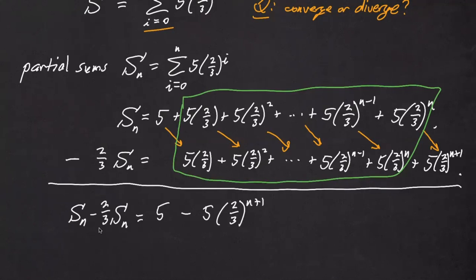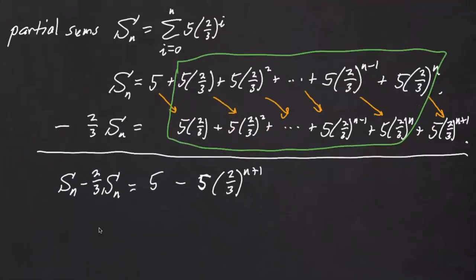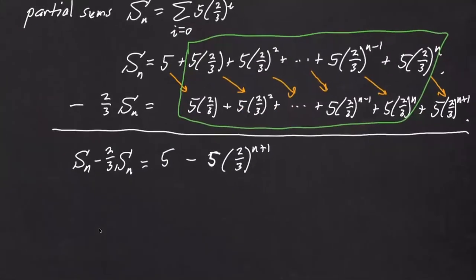And that's all that's sort of left, right? Everything cancels. The left-hand side becomes 1/3. We've taken one thing and we've subtracted 2/3 of itself, so we get 1/3 of itself. And we get 5 times, I'm going to factor out the 5.